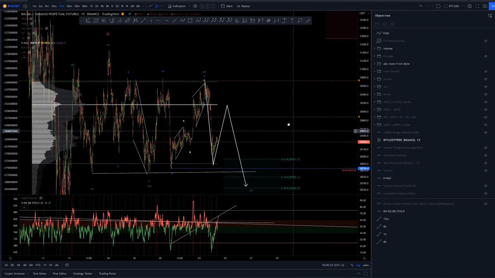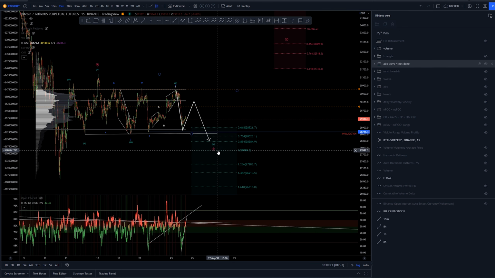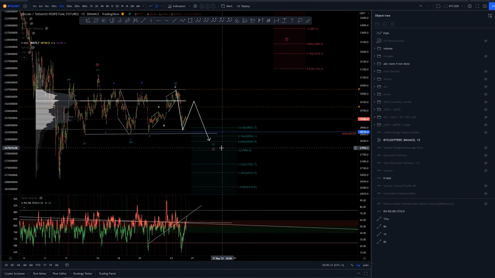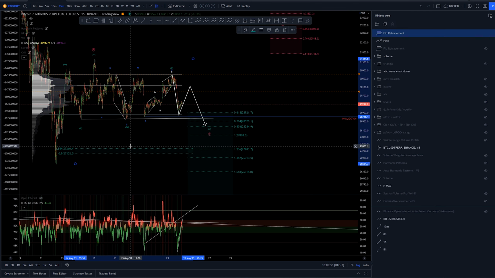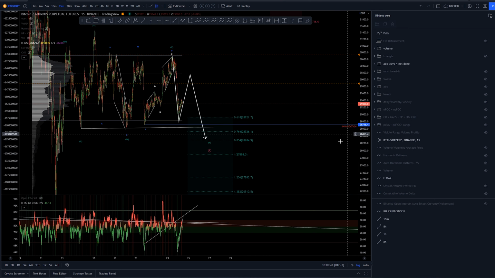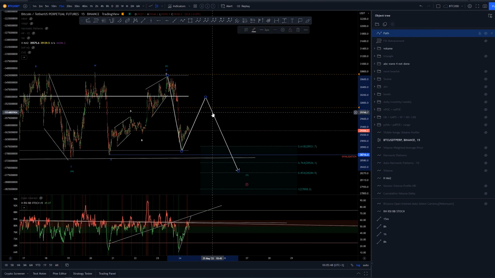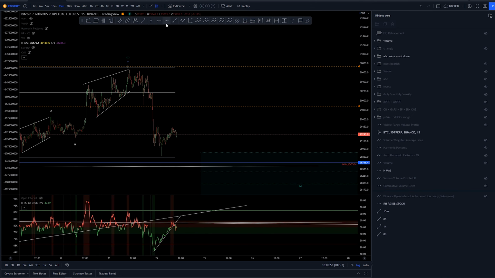At that point, depending on how deep we come here for the X wave, we could be looking for a structure of A, B and C, or this WXY. The ABC structure would need to come down here all the way to 27.3k, which I'm a bit doubtful at the moment, but we'll see how much this B wave retraces and if we still have some legs coming down with this impulse structure, because there is still a possibility for that.